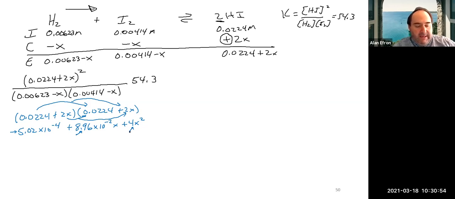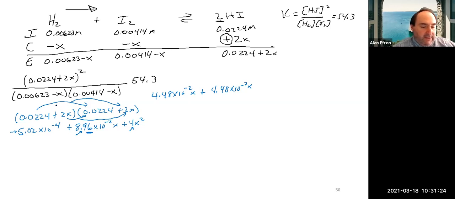So individually, just to show you the numbers, you end up with 4.48 times 10 to the minus 2 x, plus 4.48 times 10 to the minus 2 x. And that is where this middle number comes from, by factoring that out.